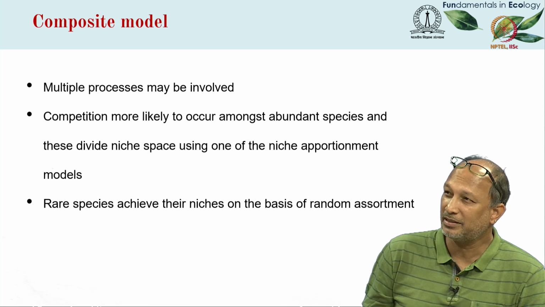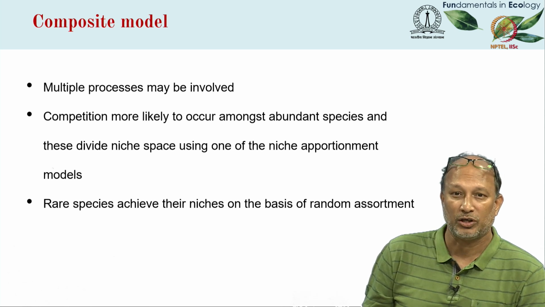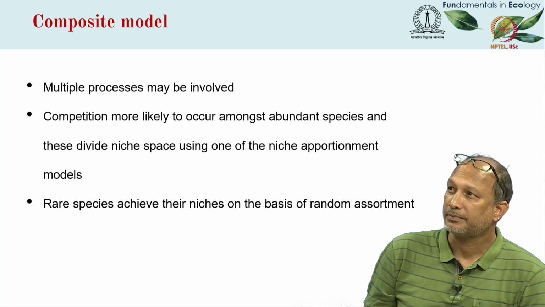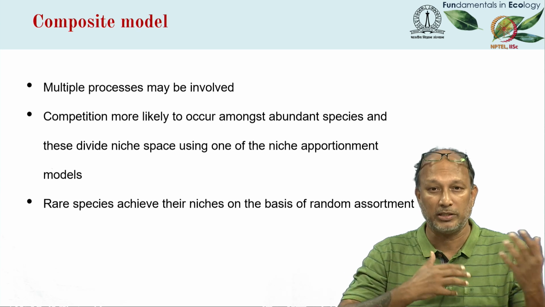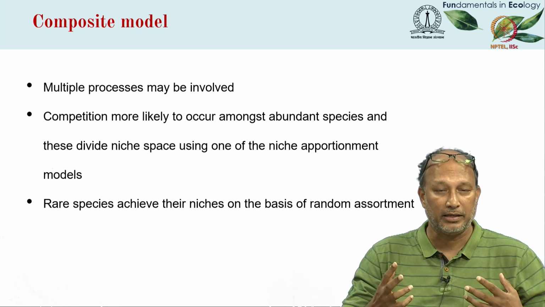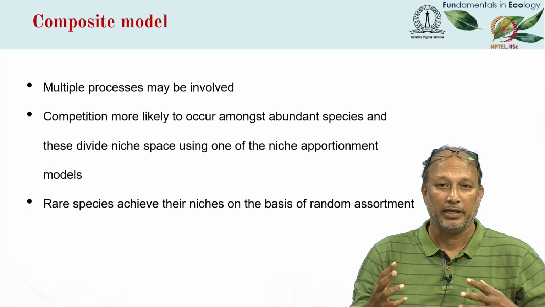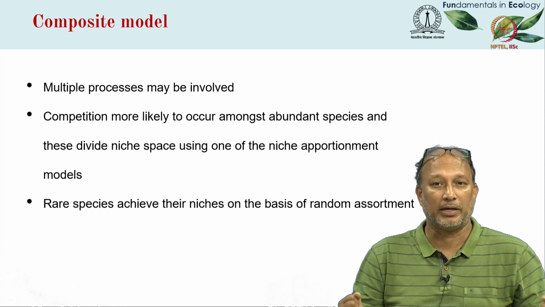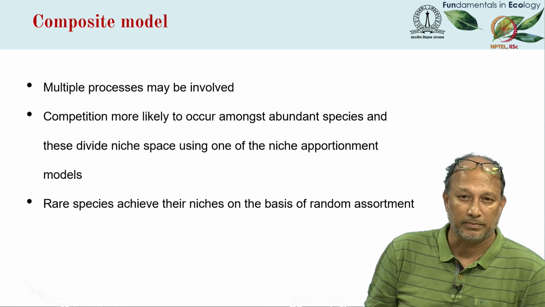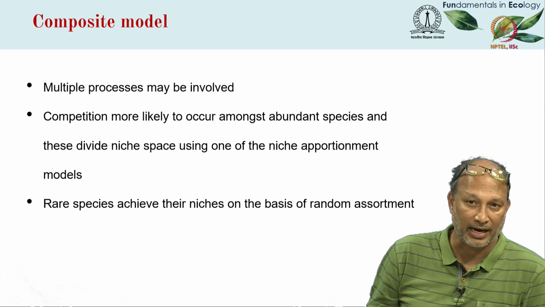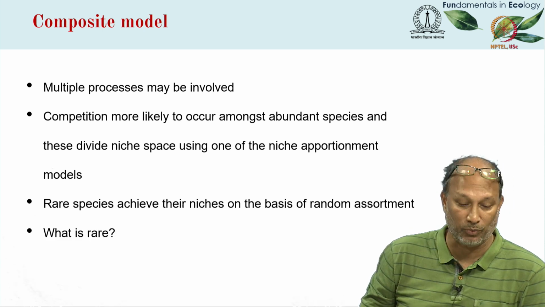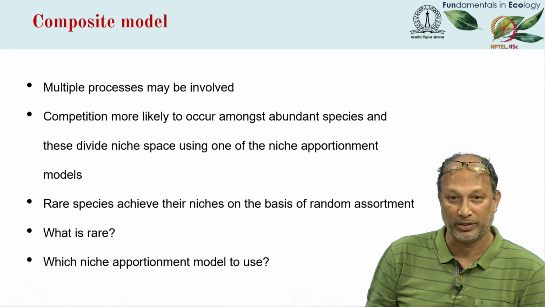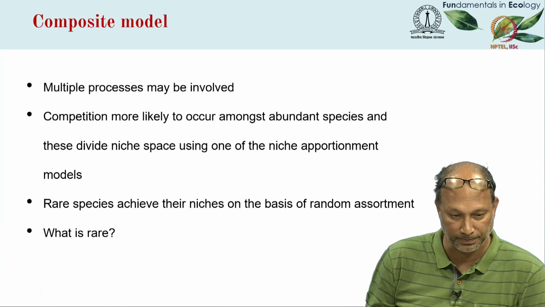Now, as you can imagine, this is actually quite an attractive idea, because from everything we know about ecology, it does seem that the species that have larger abundances in a particular area are the ones that are likely to be interacting with each other and competing, and therefore partitioning niches with some underlying process, whereas rare species, the distribution of abundances of rare species may actually be random. Of course, this does beg the question of what is rare, and it also begs the question of which of the niche apportionment models should be used.